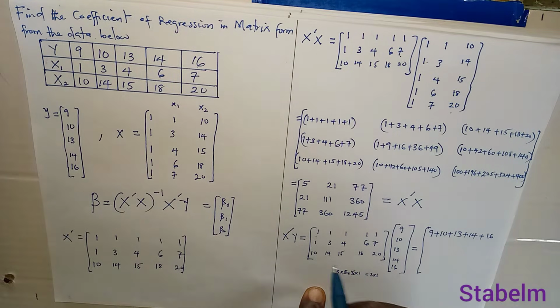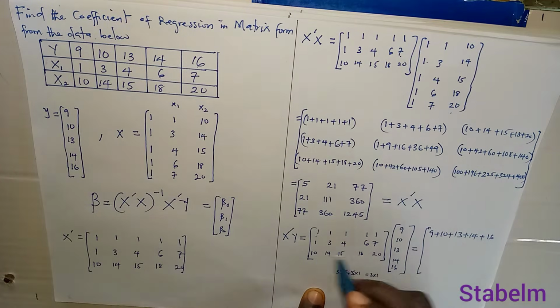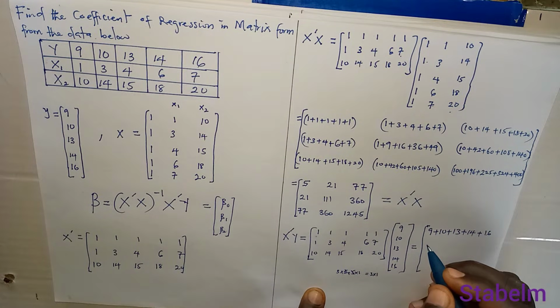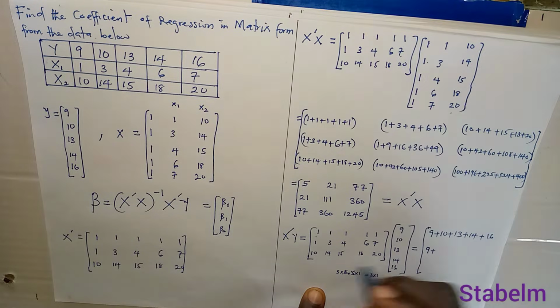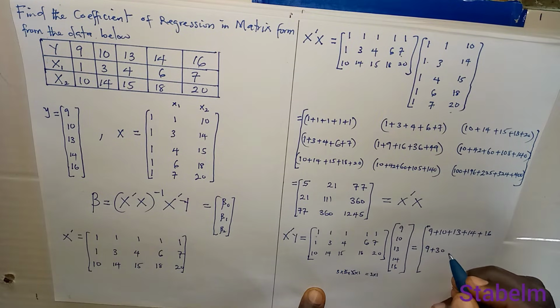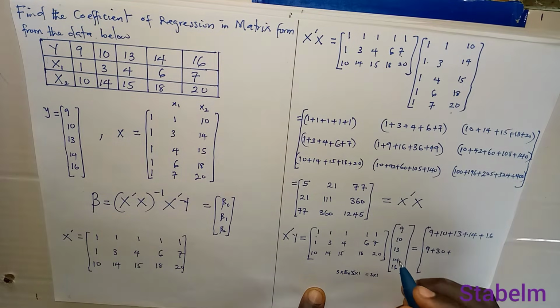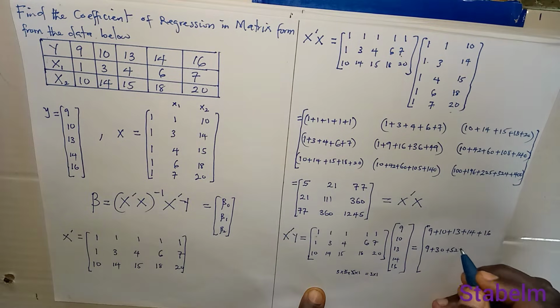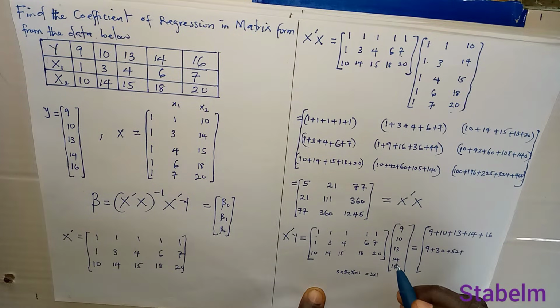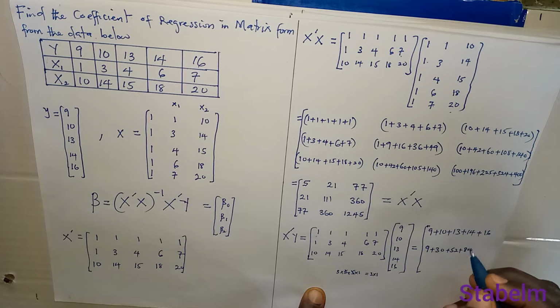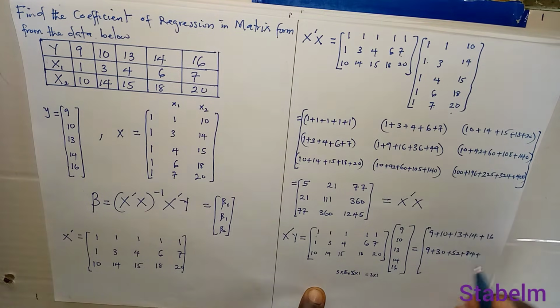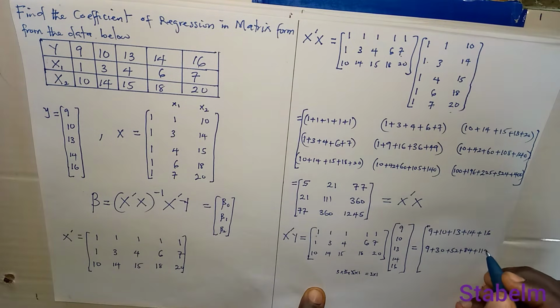Now we're using the second row to multiply this column: 1 times 9, so 9, plus 3 times 10, 30, plus 4 times 13, 52, plus 6 times 14, 84, plus 7 times 16, and that will give us 112.